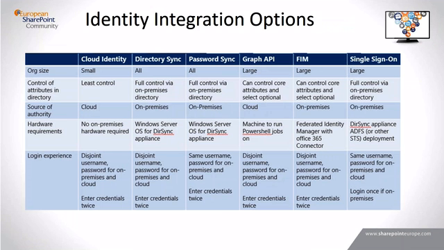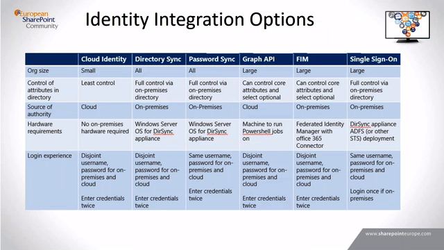And the last thing I wanted to discuss before we wrap up this session for the day is the identity integration options. This slide is a summary of what we discussed. We talked about cloud identities, directory synchronization, and password synchronization.